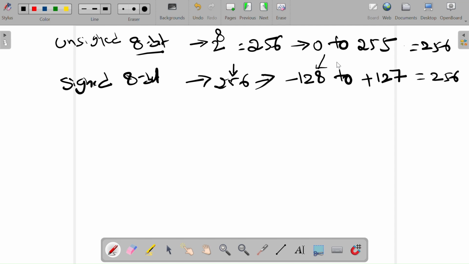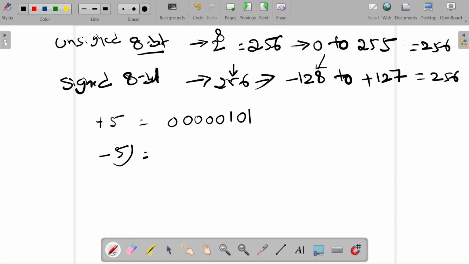Let's say one example. Plus 5: what is the binary representation? This one. Minus 5: how can you represent it?